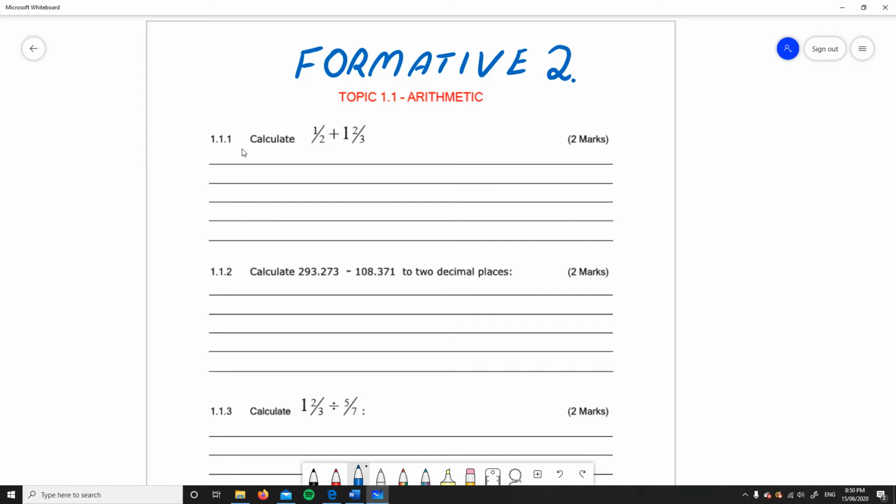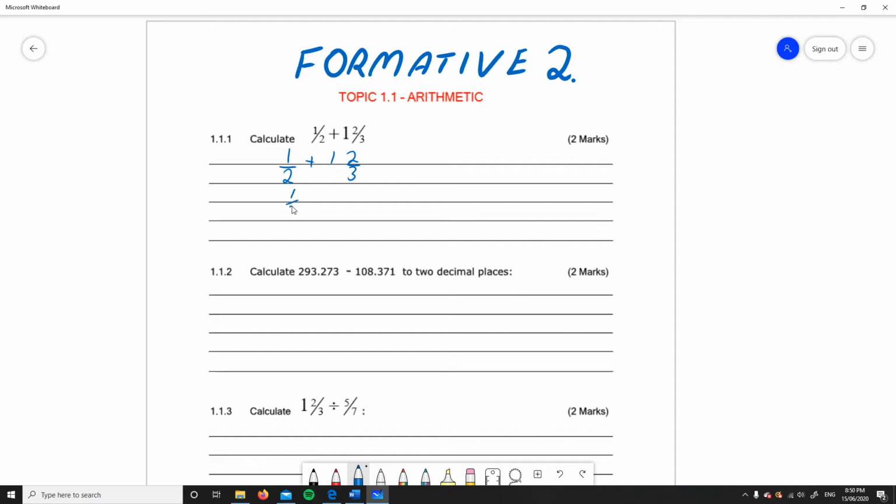Alright, so first things first, we've got the addition of some fractions. As always, the first thing I would do is write it down in a format that's a little bit easier to work with. 1/2 plus 1 2/3. At the moment, what I want to try and do is get rid of the 1 and perhaps just make it into an improper fraction.